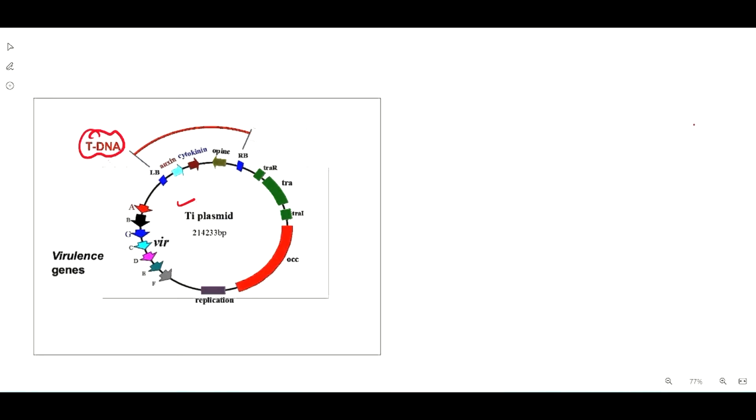The tDNA region is used for transfer into the host.